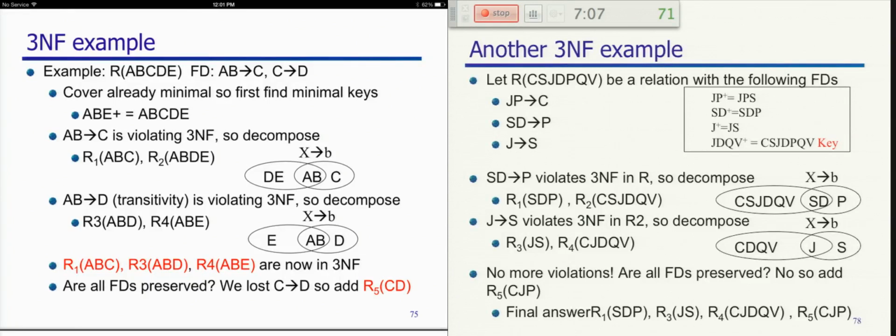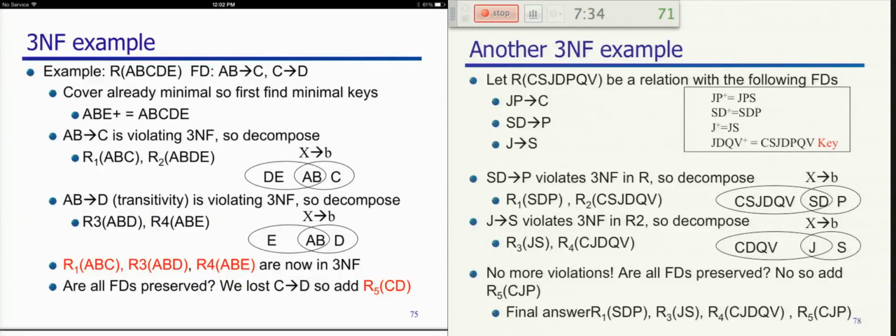So if you started with that, you would get a different answer probably to this one. And would that answer be right? Yeah, definitely. So if your answer looks different to this, that doesn't mean it's wrong. Right? Depending on the order in which you go through the violating functional dependencies, you might get different answers.